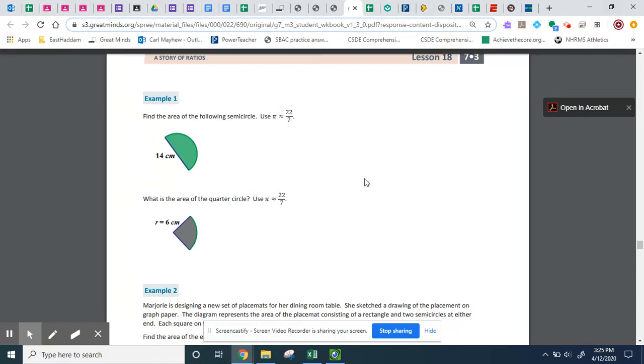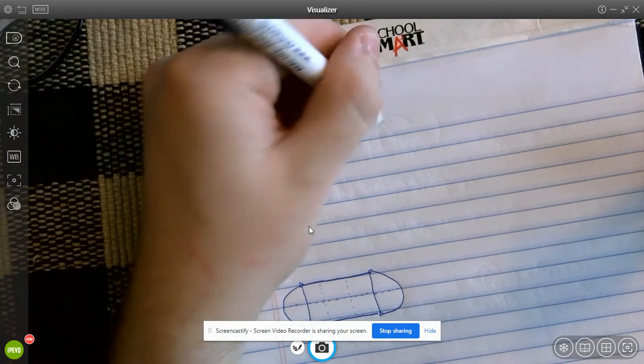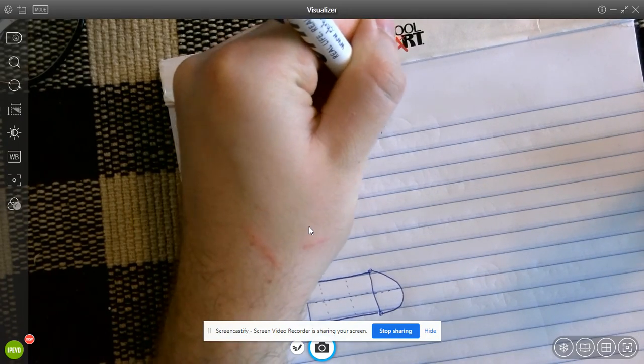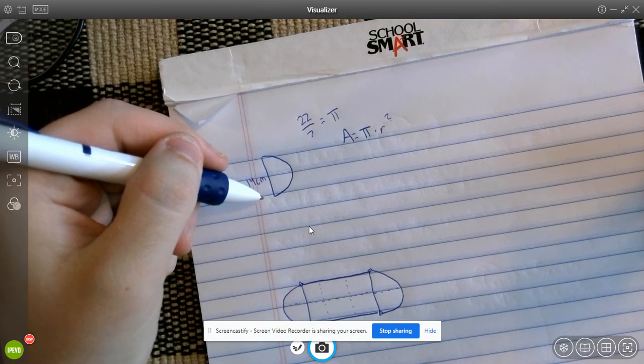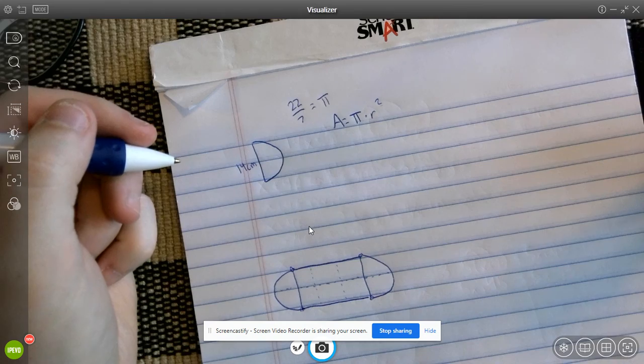And then the last thing that we want to realize is that it's asking us to find the area of this semicircle. So we need to remember as well that the formula for area is pi times the radius squared. So if the diameter of this is 14, then what should the radius be?